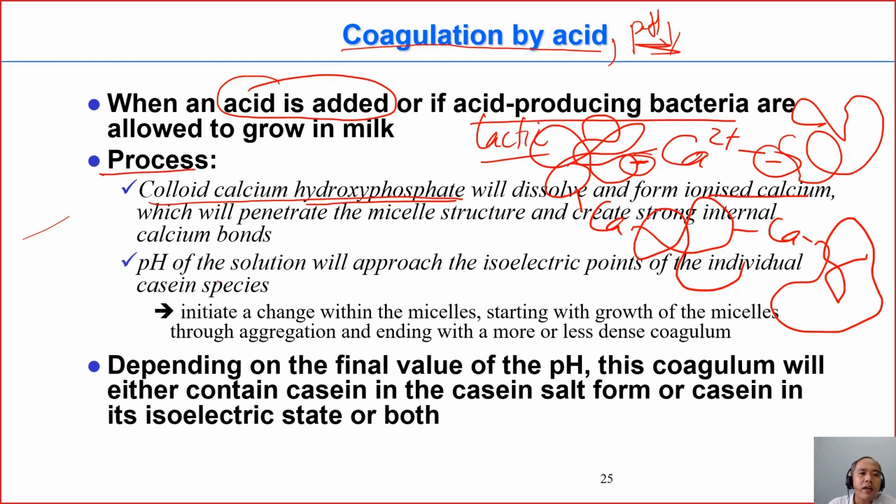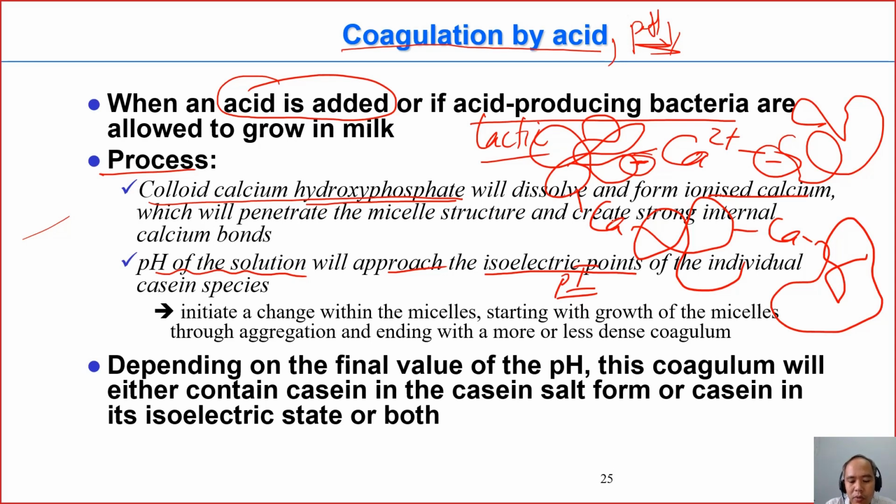The other mechanism is that when the pH is going down, it will reach the pI, the isoelectric point of the proteins, and at the pI value, the solubility of the protein is at the lowest. They are not soluble, meaning that they are coagulated or precipitated.